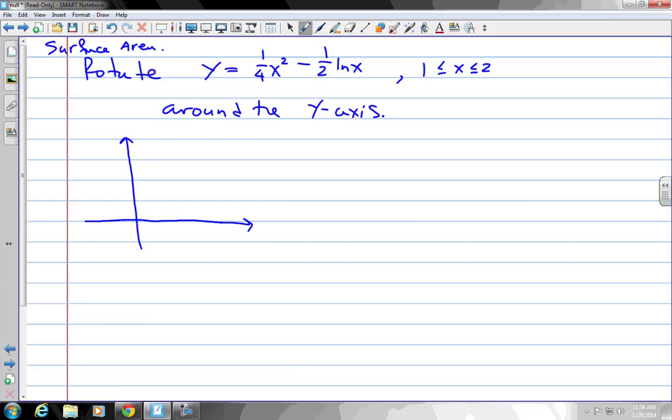So again, the graph of that thing is kind of a parabola. When you start from 1, natural log stays positive. You just subtract things from a parabola, so you get something like that. So you rotate it around the y-axis, and you get this thing. Yeah, there's a hole in the center, but it doesn't matter.